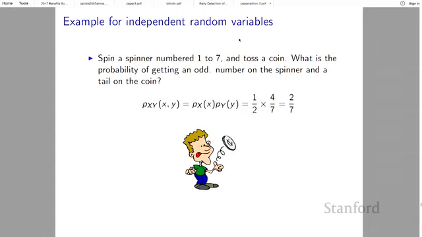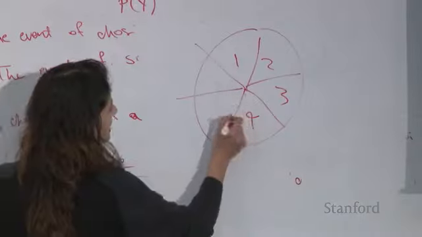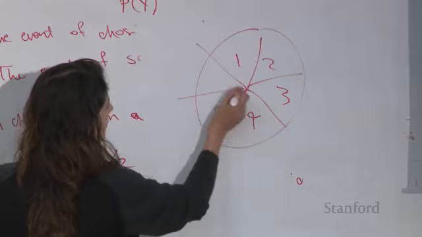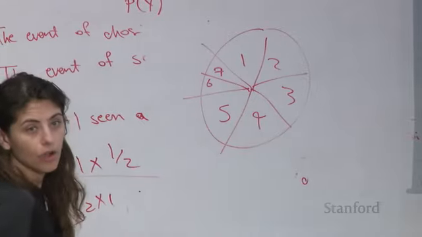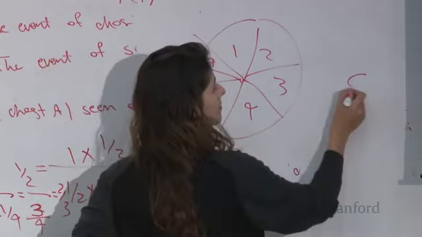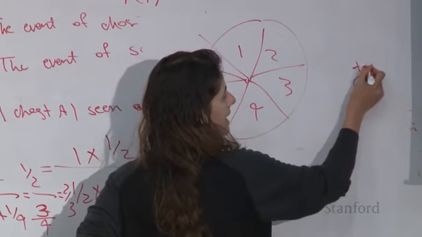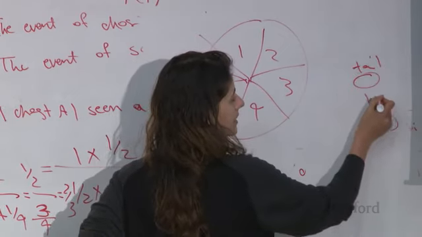Example, suppose you have a spinner and it can have any number between 1, 2, 3, 4, 5, 6, and 7. Also, you have a coin that can have tail or head, right?